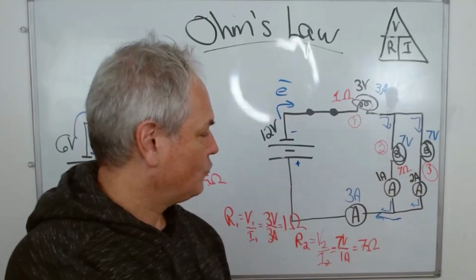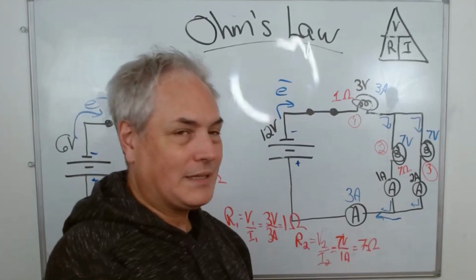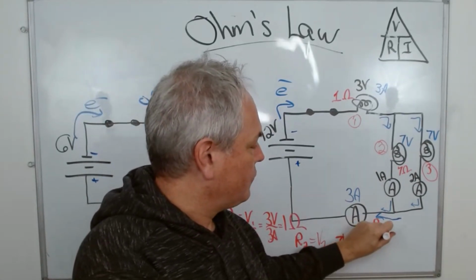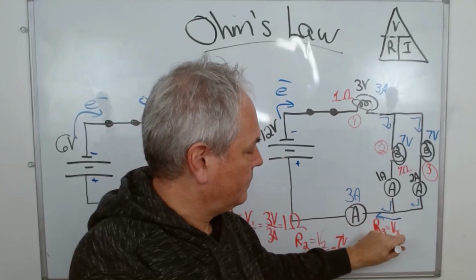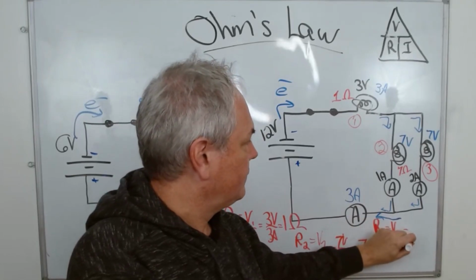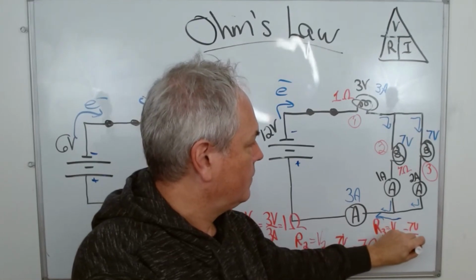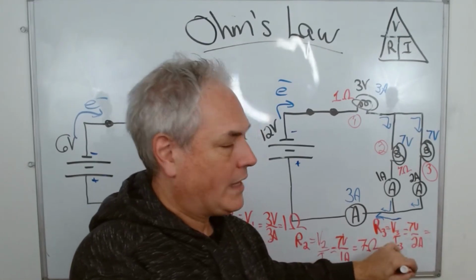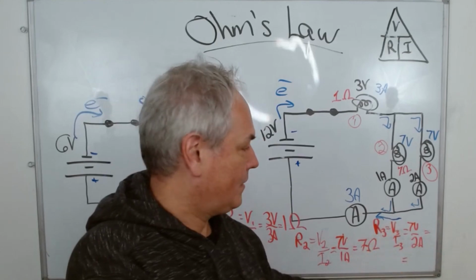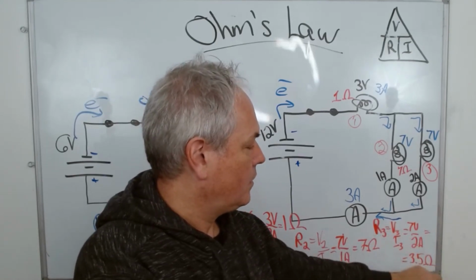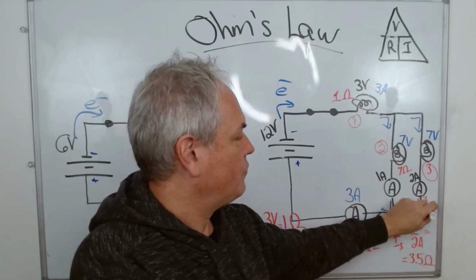So let's do the same thing for the third one. Oh, it's a bit tight, but we should be able to do that one. R3, V3 over I3. We have 7 volts divided by 2 amps, and we have 3.5 ohms like this.